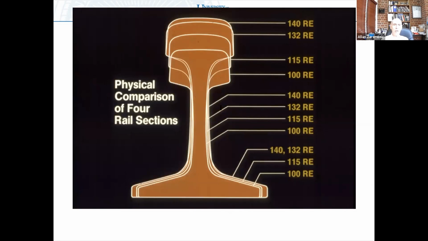There's another way of looking at the different rail sections. I happen to be using North American rail sections, and before we get too far, in the English world, or in the AAR world, the weight of the rail is in pounds per yard.